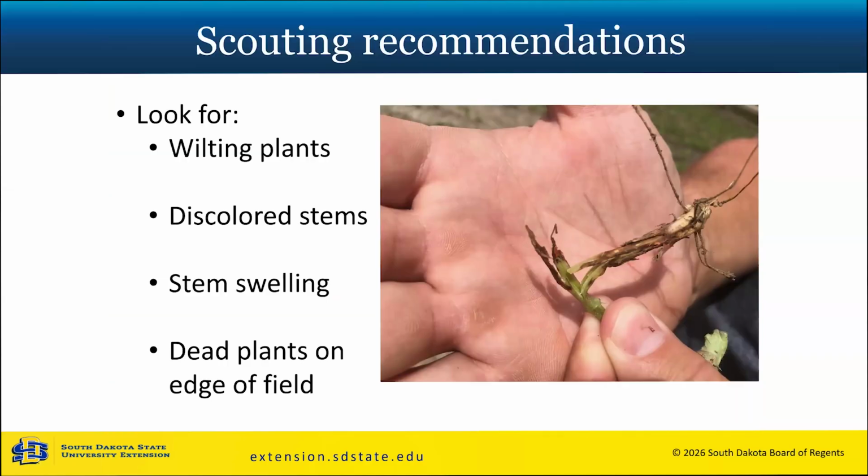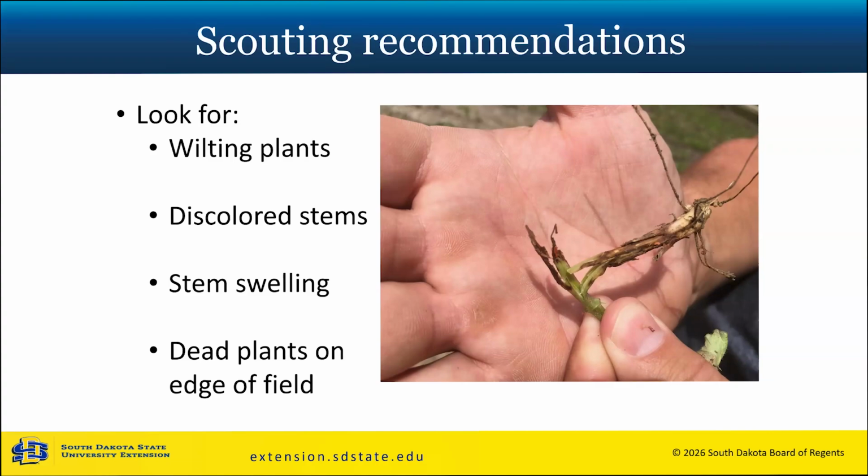So if you think you have gall midge, with insects, you always have to go out in the field and scout to know what you have. Look for wilting plants, just like that picture I showed earlier, right next to the corn. Those discolored stems are a very good giveaway. Stem swelling, I wouldn't look for that really, because the stem swelling, from what I found, is quite small.